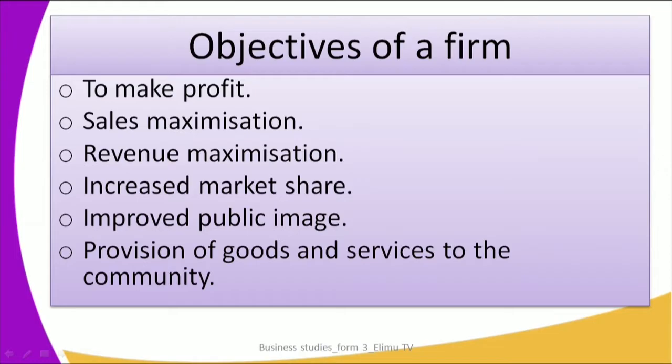A farm can also improve its public image by producing goods that are of high quality. Some farms also assist the society, for example, giving scholarships to children from poor communities. Like Equity Bank has a program called Wings to Fly, and it improves its public image through such initiatives.